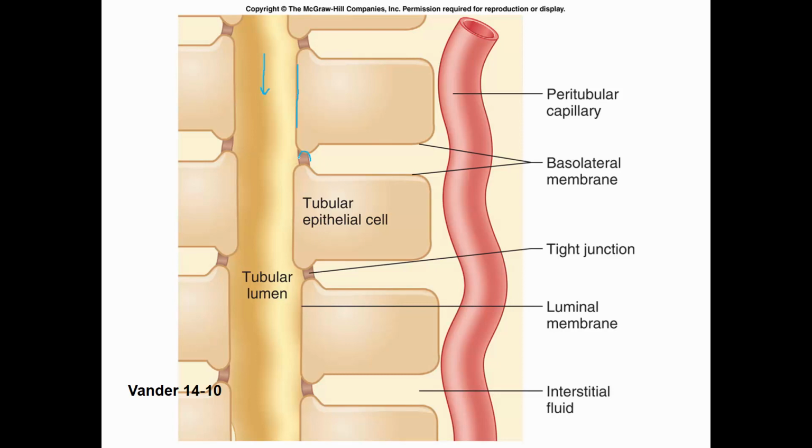The cells are connected by structures called tight junctions. So they're held into a sheet. And then we have the sides and the back of the cell. That's called the basolateral membrane. Then we have our interstitial fluid, and then we have our capillary with the plasma.